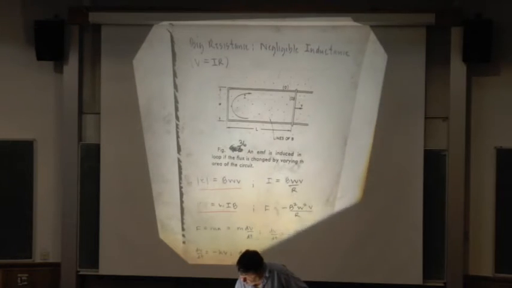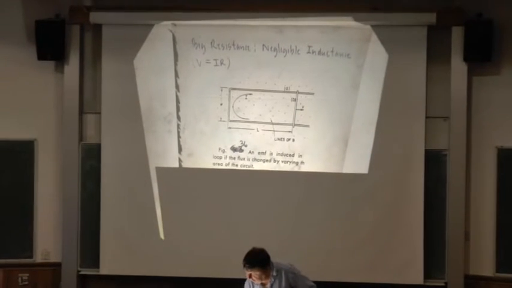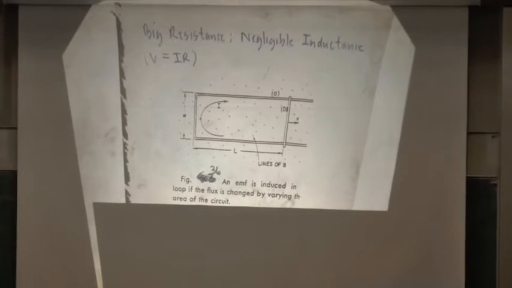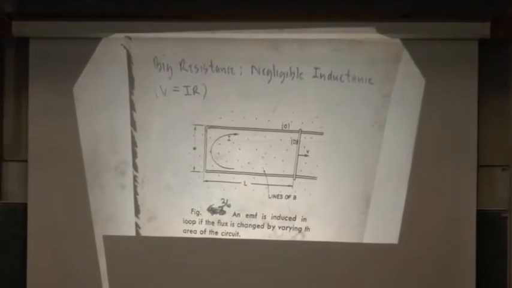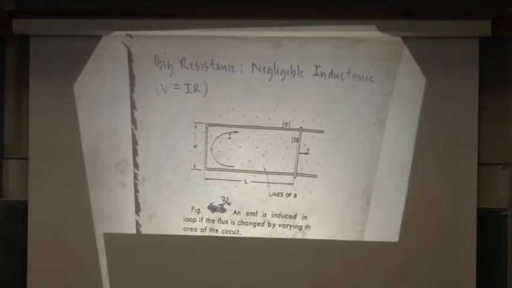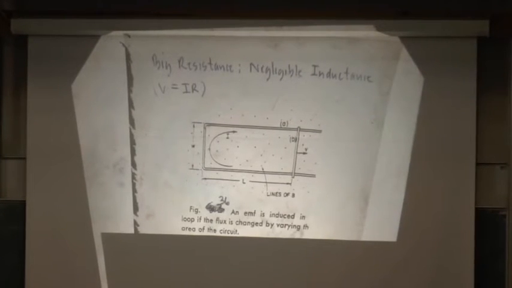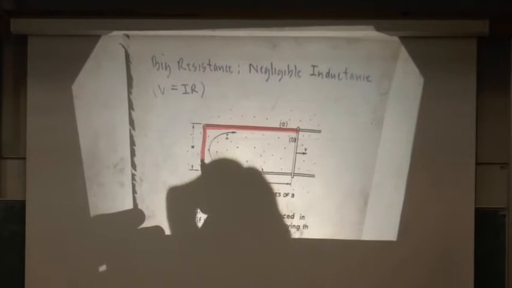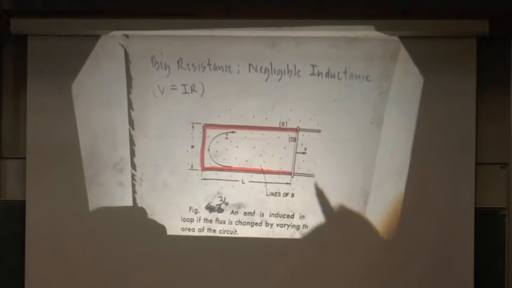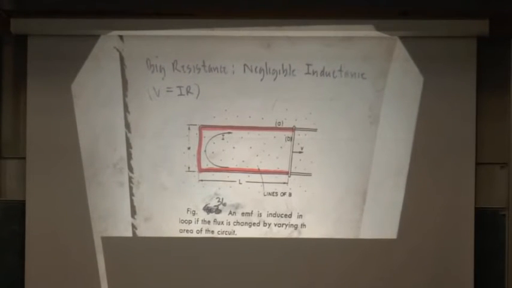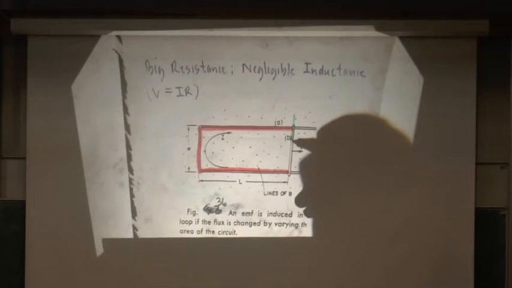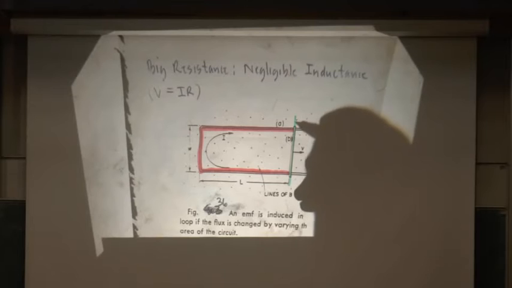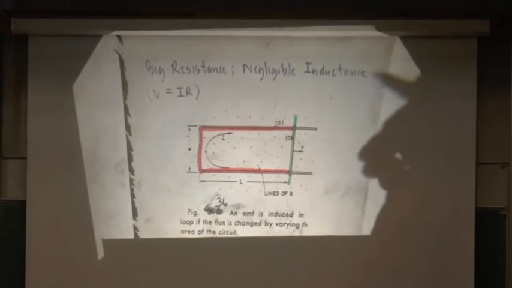So the first one that we're going to do is a typical physicist type of problem where we have a very strange circuit. Let's imagine that we've got a circuit in which this is a metal circuit, and this end part here is also metal and makes a circuit, but this is supposed to be a movable crossbar.